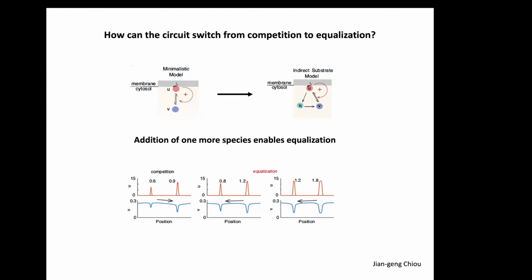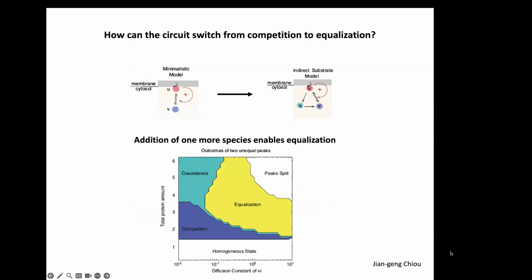And that turns the net cytoplasmic gradient in the other direction, which gives you equalization. Okay, so with this model now, it's simple enough that you can map out some parameter spaces, and there's parameter spaces that will give you competition, equalization. Coexistence is where competition happens, but it's slow.